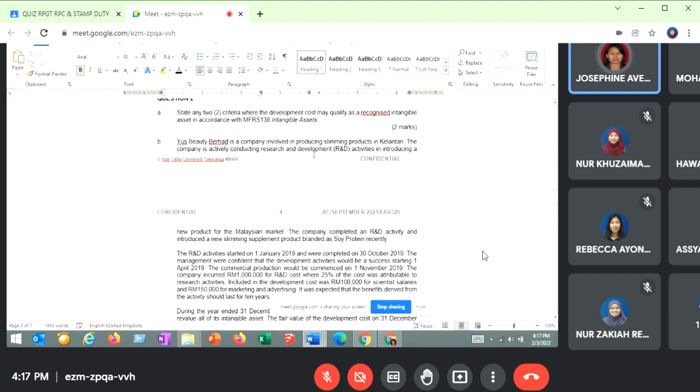How do you recognize if it is an intangible asset? For it to be an asset. And how would you measure it? On the date you first acquire, you recognize it at the cost. So make sure it is an acquired intangible. If it is not an acquired intangible, you have to write it off.